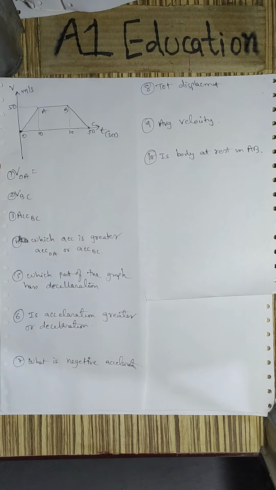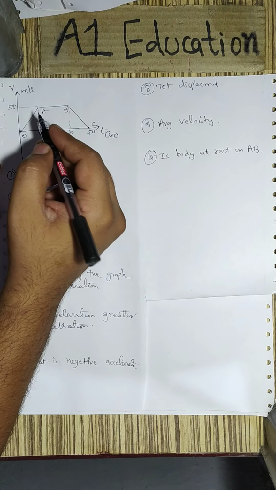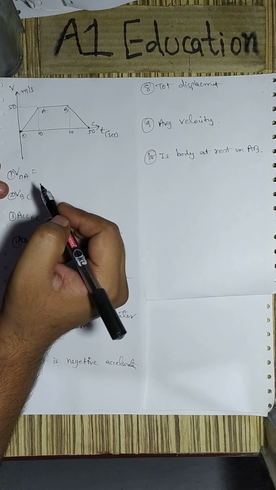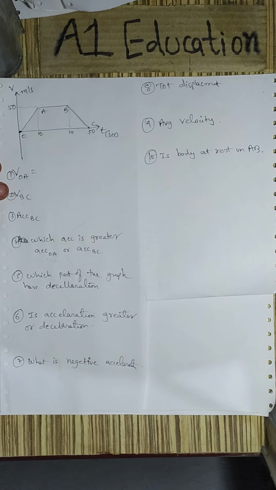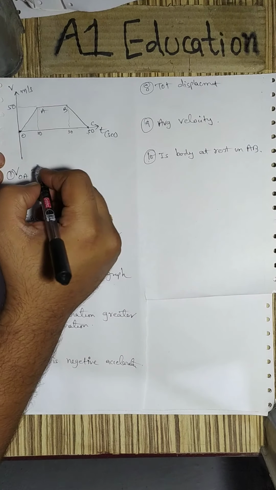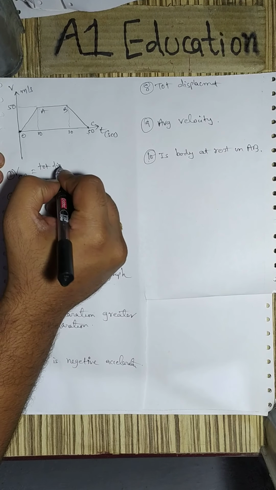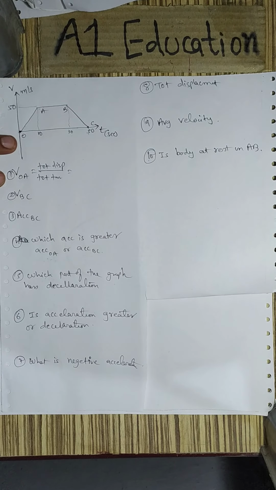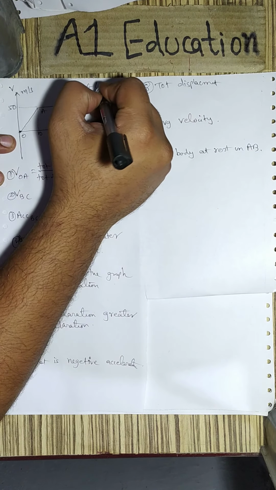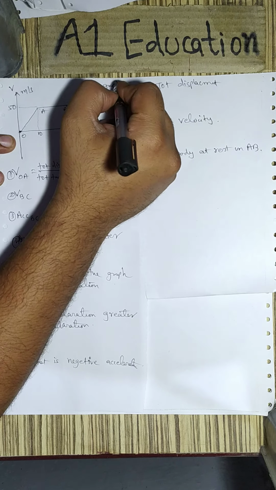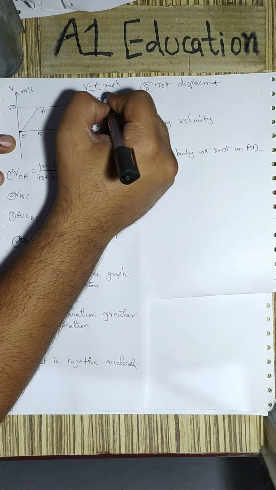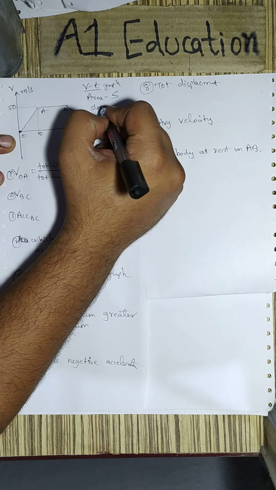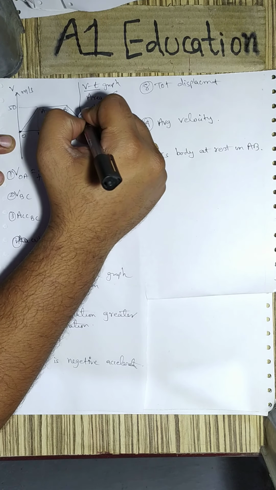Let us see how to calculate velocity between OA. We know conceptually that velocity between the O to A part can be calculated as total displacement upon total time. Total displacement will be the area under the graph. You must remember these conclusions regarding the VT graph: area of the VT graph will give you displacement and slope of the VT graph will give you acceleration.